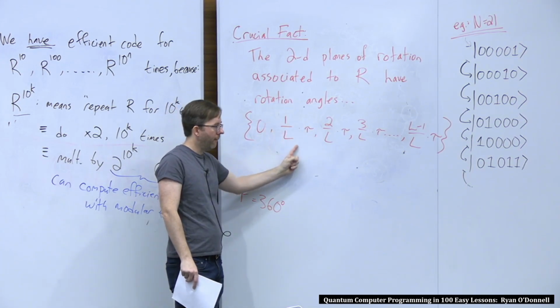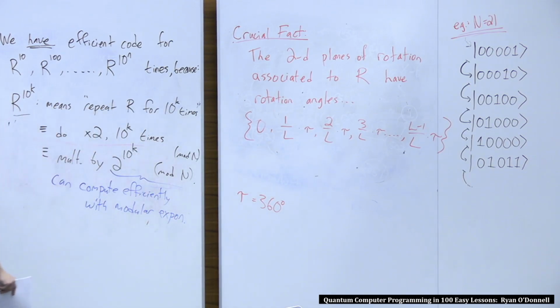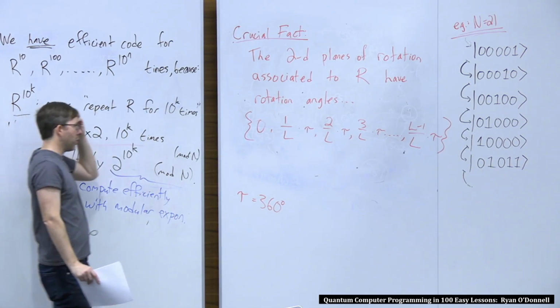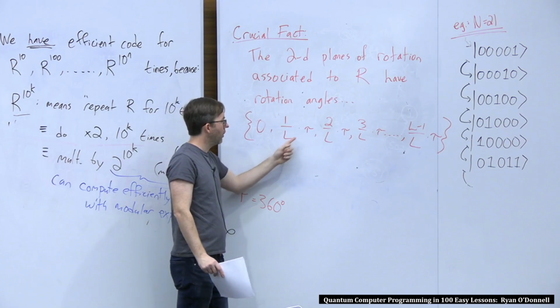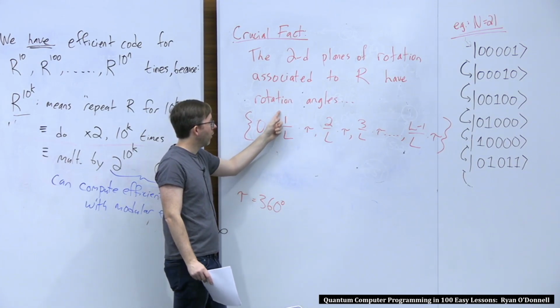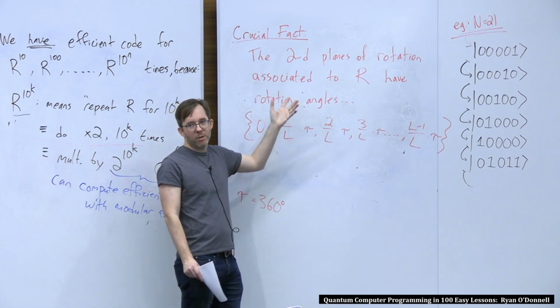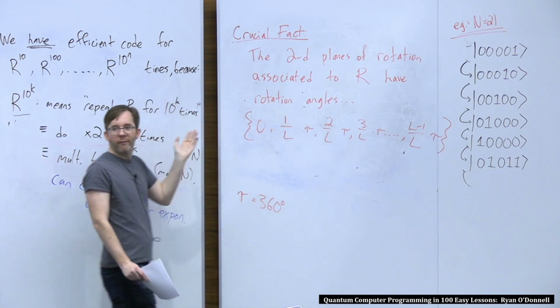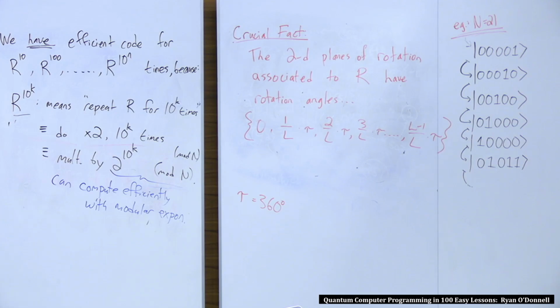Say you could somehow do that. Then you run rotation estimation. It gives you as many digits of precision as you want of 1 over L times tau. That's 2 pi. You divide by that, and you've got a great approximation to 1 over L. And then you take the reciprocal, and you've got L. So that would be awesome. And that's almost how it's going to work. But it's more complicated.